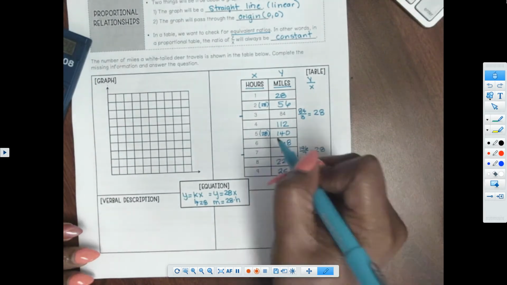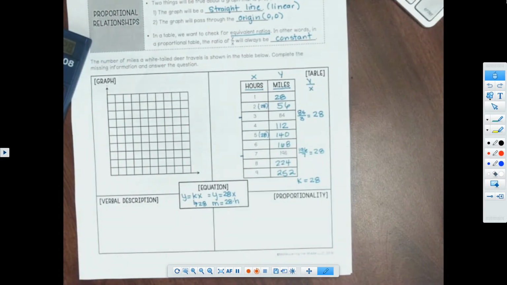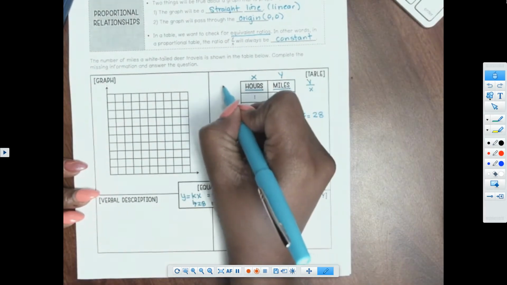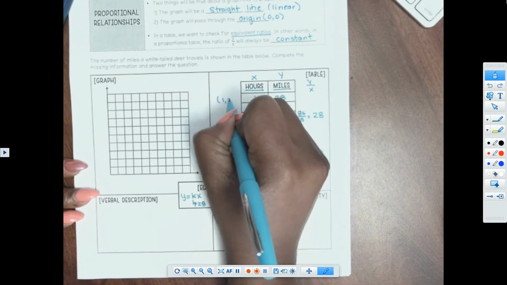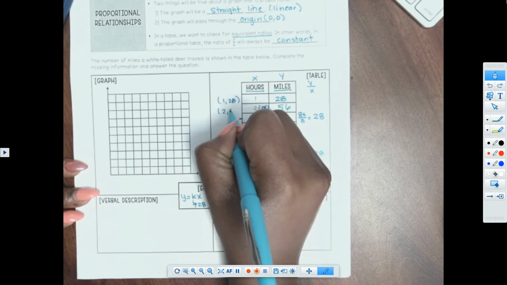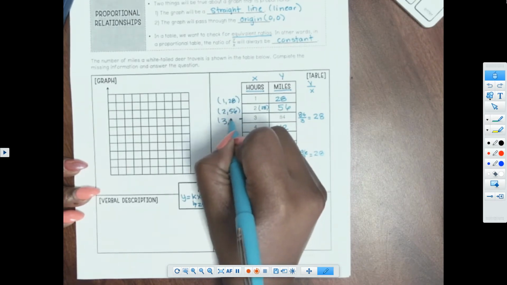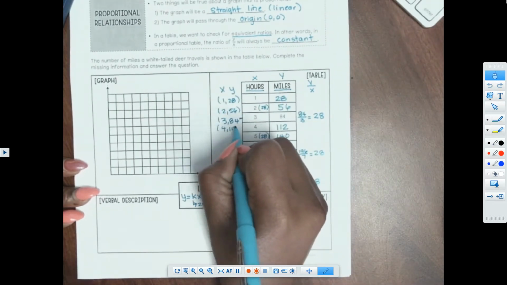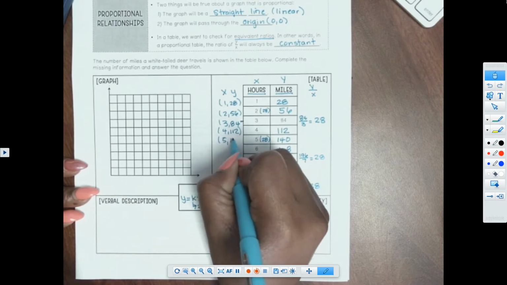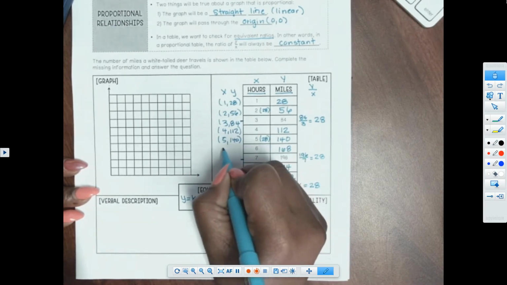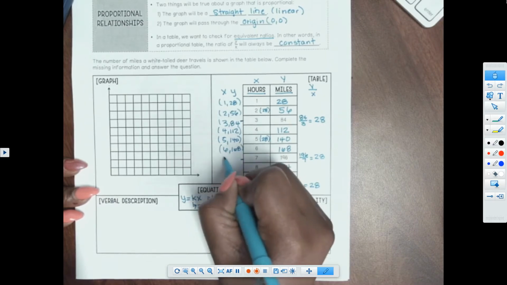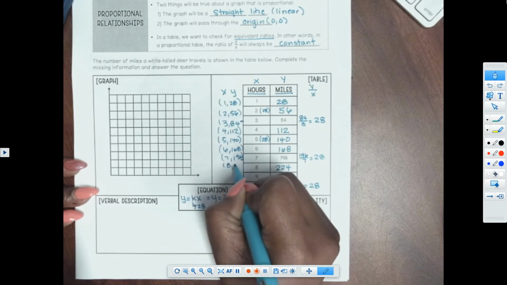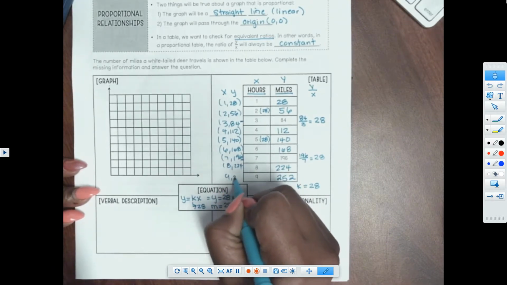Now I need to take these coordinates and create a graph based off of that. So the coordinate points would be 1, 28, 2, 56, 3, 84, and remember, this is my X, this is my Y, 4, 112, 5, 140, 6, 168, 7, 196, 8, 224, and 9, 252.